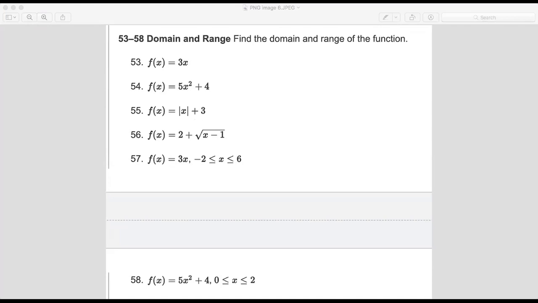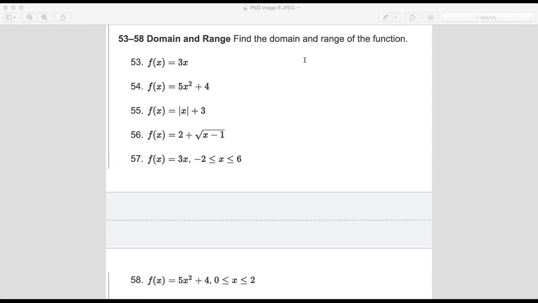Let's type this out then. Basically, you want to be familiar with the way the functions are. So 53 is a linear function. Linear functions like mx plus b have all real numbers. So the way you would do that is parentheses, negative infinity to infinity. Of course, you draw the infinity sign there. And range as well is the same thing.